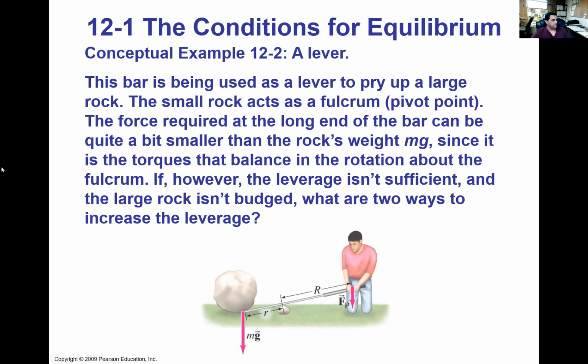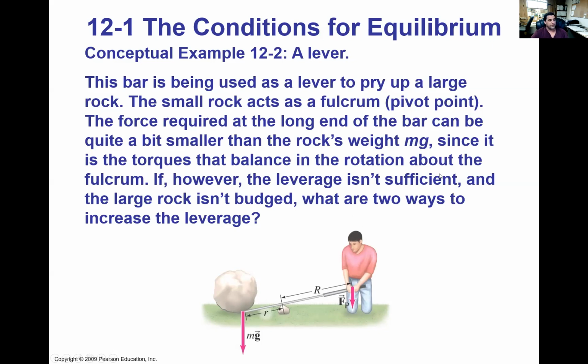The force required at the end of the long bar can be quite a bit smaller than the rock's weight, mass times gravity, since the torques are what's going to balance in this rotation about that little lever. So this weight can be very high. This can be short, as long as you lengthen this lever arm out to give yourself more leverage.